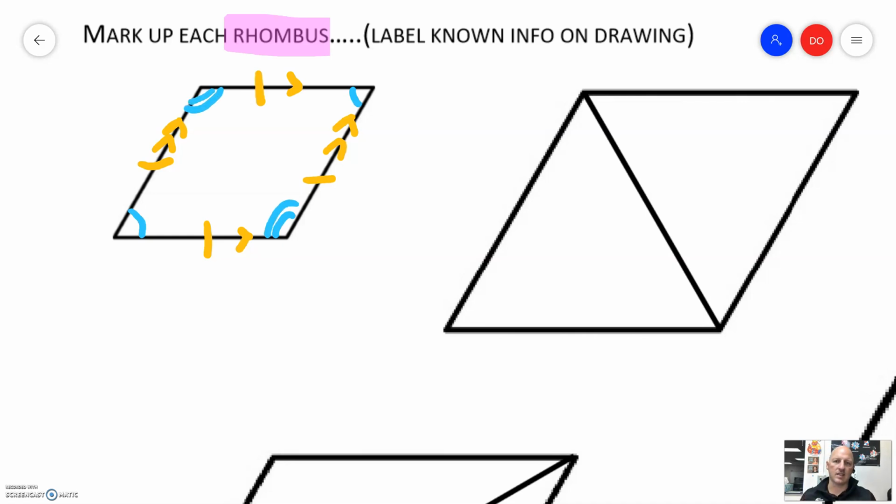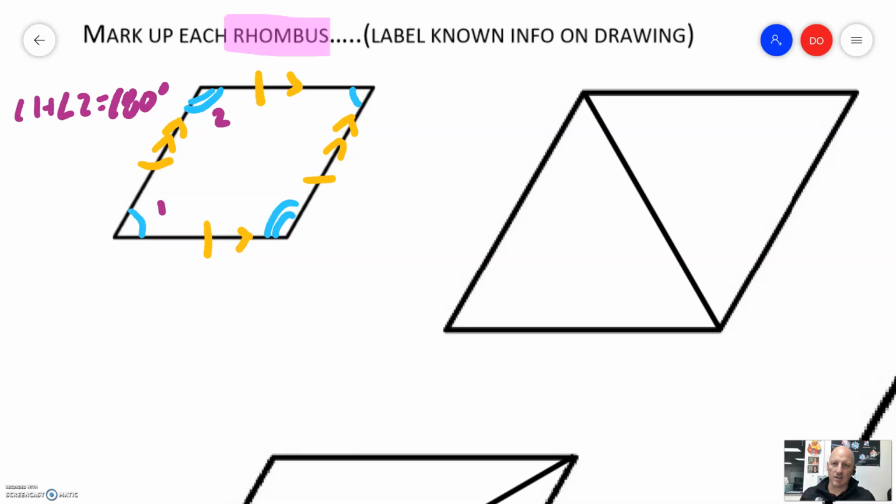And then lastly, we could say that consecutive angles inside of any parallelogram, because every rhombus is always a parallelogram, consecutive angles are always supplementary. So we could say angle 1 plus angle 2 equals 180 degrees.